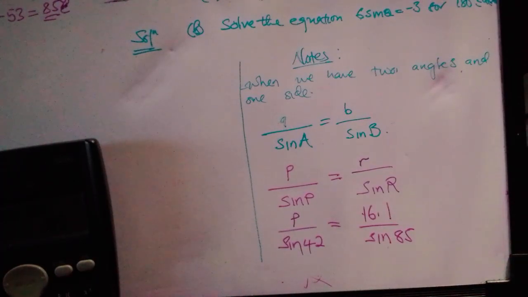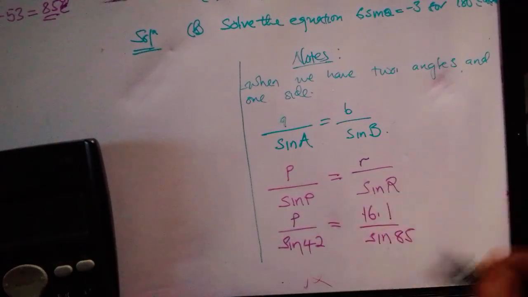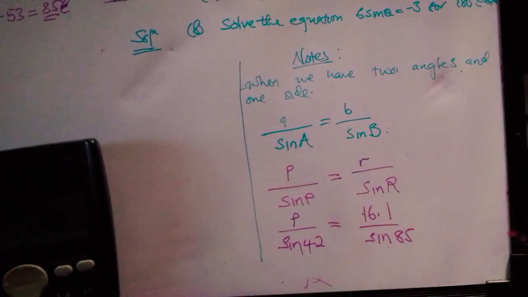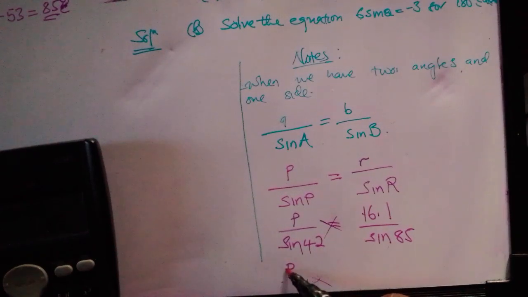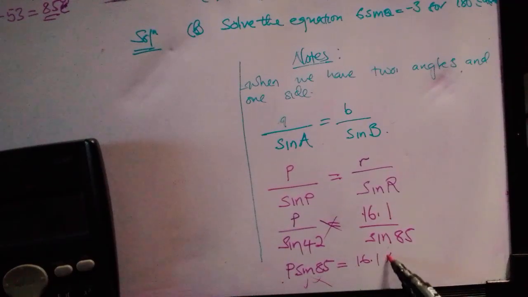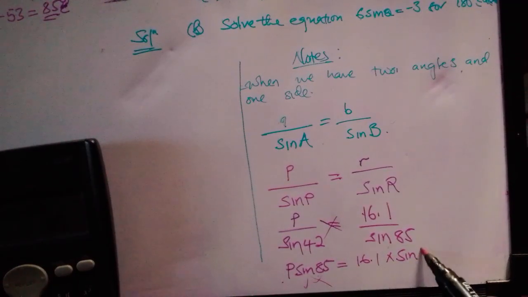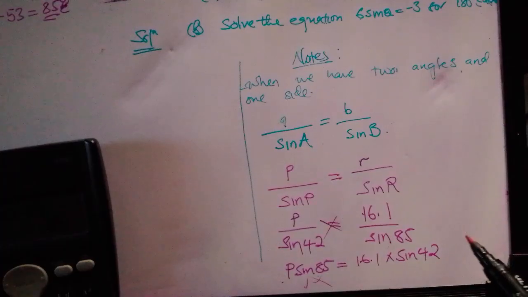If you want to work fast, do not punch everything on the calculator here. Just cross multiply. So we have P sine 85 equals 16.1 times sine 42. Then you divide by sine 85.